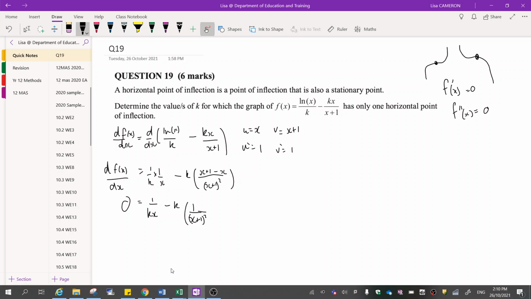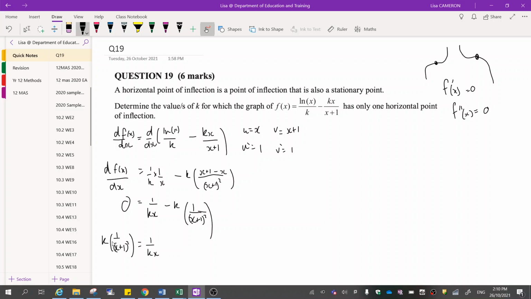So from here, I haven't tested this, but let's just have a go. So I'm going to take this side over to the other side. So I'll end up with k over (x plus 1) squared is equal to 1 over kx.